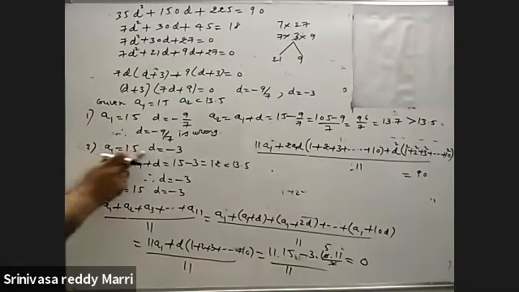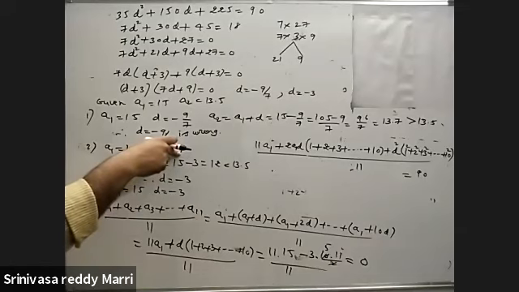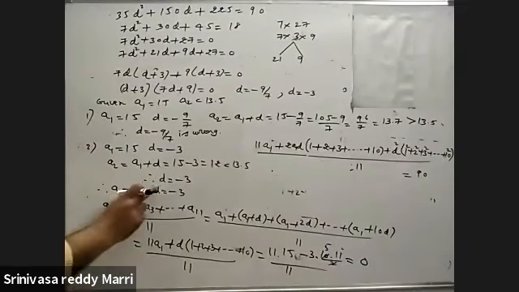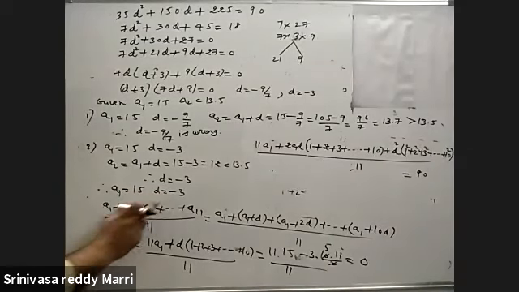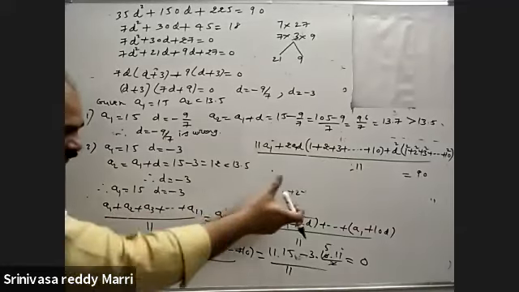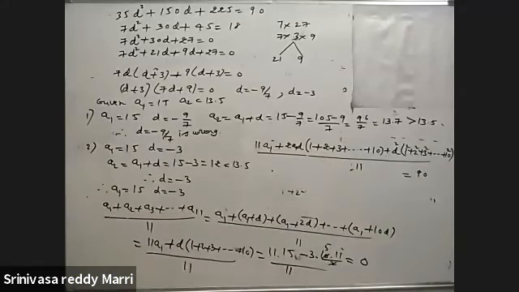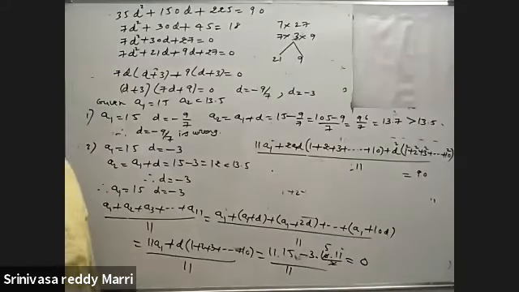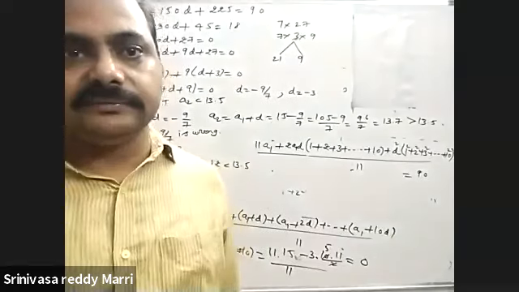So if D equals -3, you get A2 as 12, which is less than 13.5. That's why D is taken as -3. And once you know A1 and D, you can easily calculate this one. Like that, once you get the logic, you must apply simplification thoroughly.